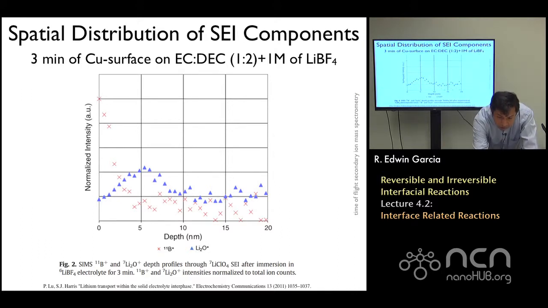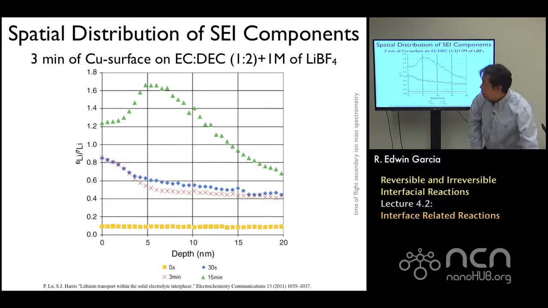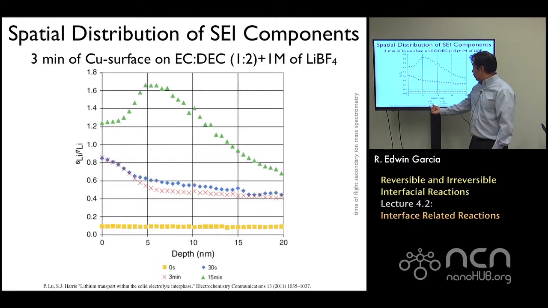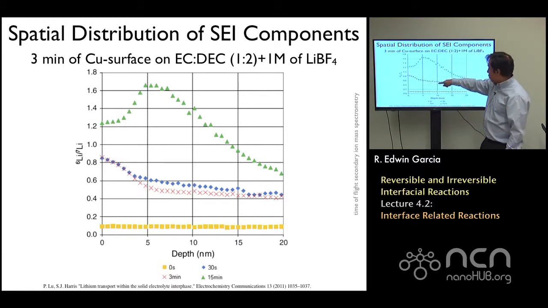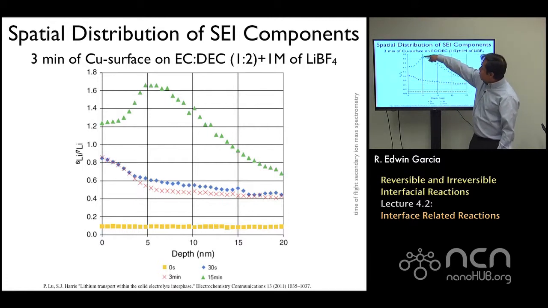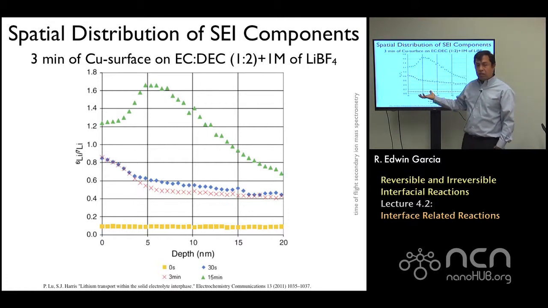Okay. If you do this for different C rates, for different instances, you can see that after 0 seconds or 3 minutes, you have a very homogeneous layer, but after 15 minutes, you really end up having the profile that we were discussing, suggesting that this interface is not as unstructured as one thinks, but there's a lot of things going on through the thickness.